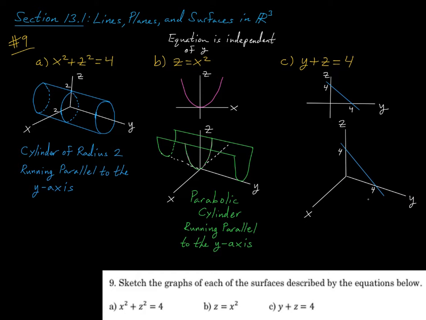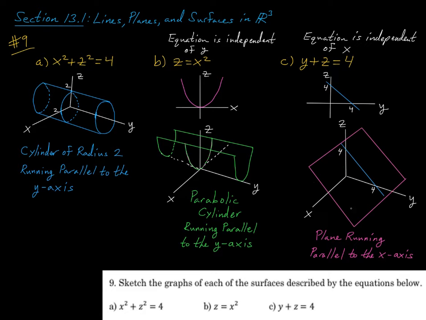So in R3, I've copied that line in the yz plane, and now since this equation is independent of x, this gives rise to a plane that runs parallel to the x-axis. Okay, so if I take any point on this line and I fix the y and the z coordinates, right, and I let x vary, all of these points running parallel to the x-axis will also be included because this equation is independent of x.